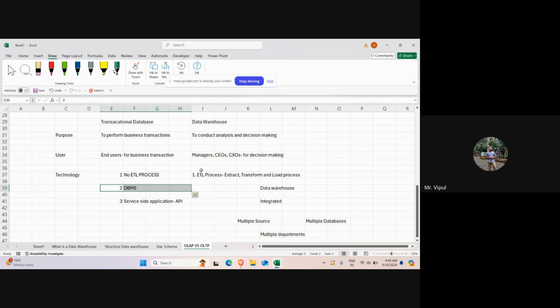So we have BI tools like reporting tools which add value to the information that is stored in a data warehouse database. So I can do lots of analysis. I can drill down, I can do roll up. Those kinds of operations can be done on a data warehouse database using a business intelligence front end. Whereas in a transactional database, we generally don't have any such front ends.